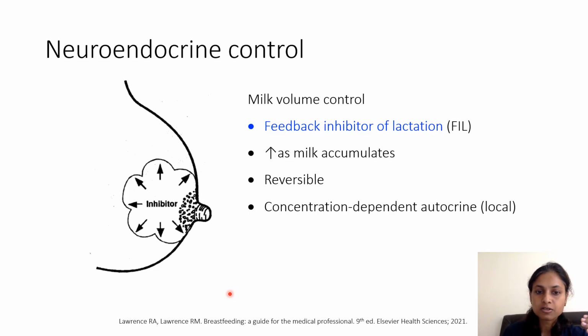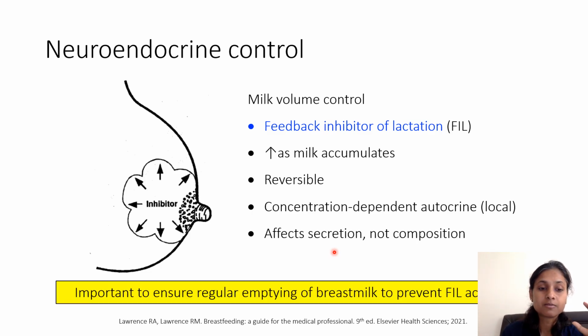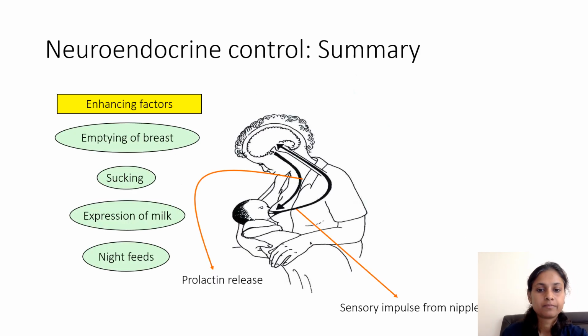It is concentration dependent, so the more the FIL, the more the inhibition of milk production, and it affects mainly the volume, that is the secretion of milk, and not the composition of milk. Again, it's important to ensure regular emptying of breast milk to prevent accumulation of FIL.